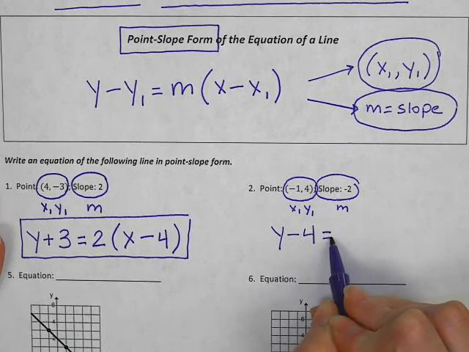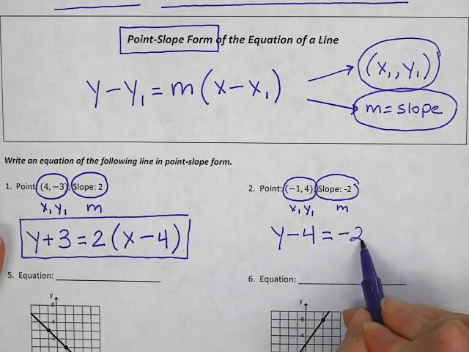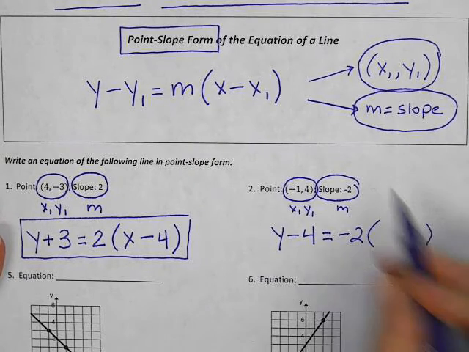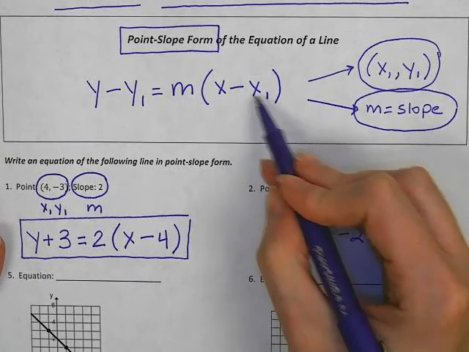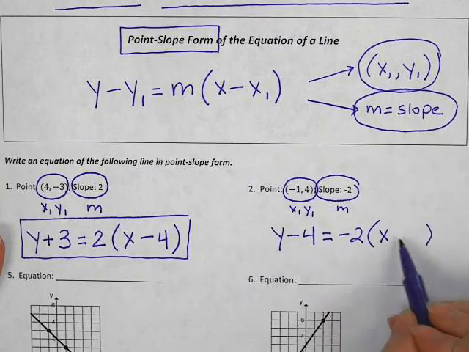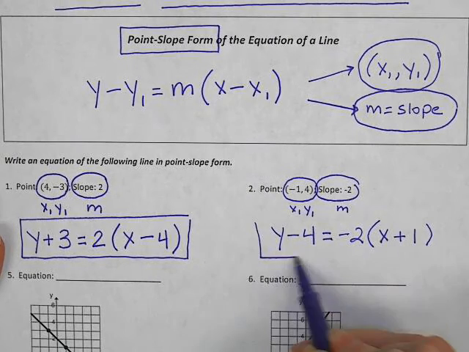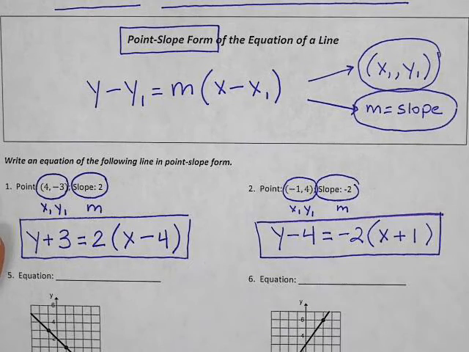Equal sign. M is given as -2, parentheses. Normal x stays x, and then minus x1, minus a -1 becomes +1. And once you've plugged in your 3 pieces, you are done. That is point-slope form. You stop there.